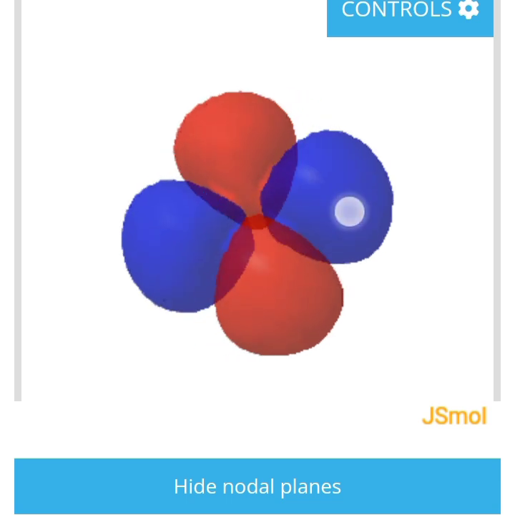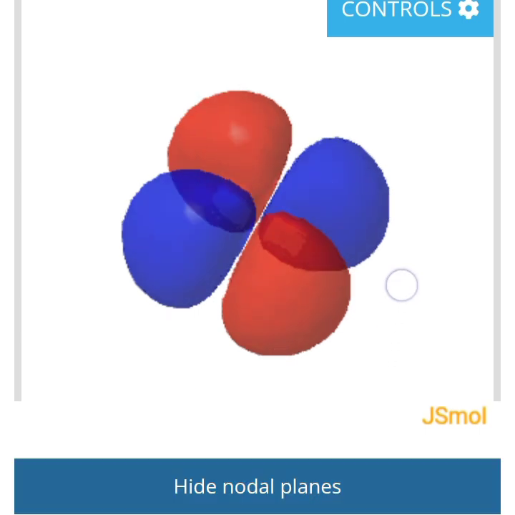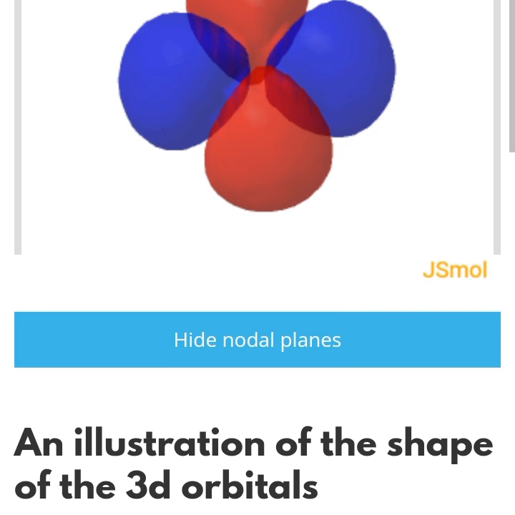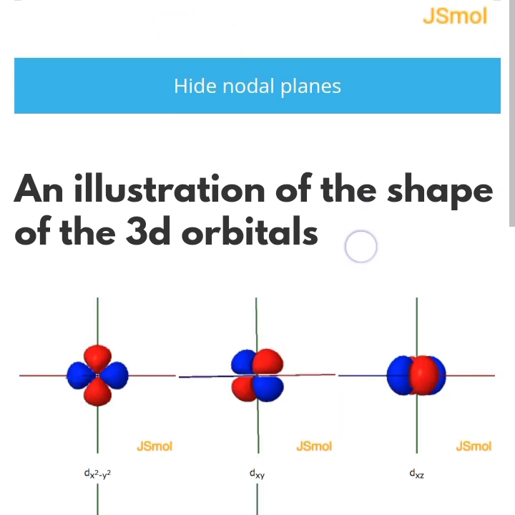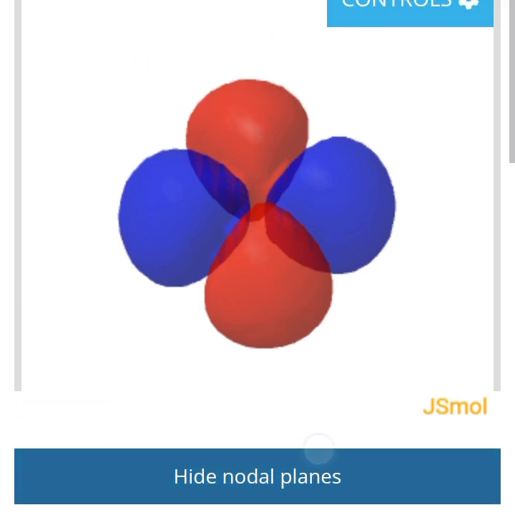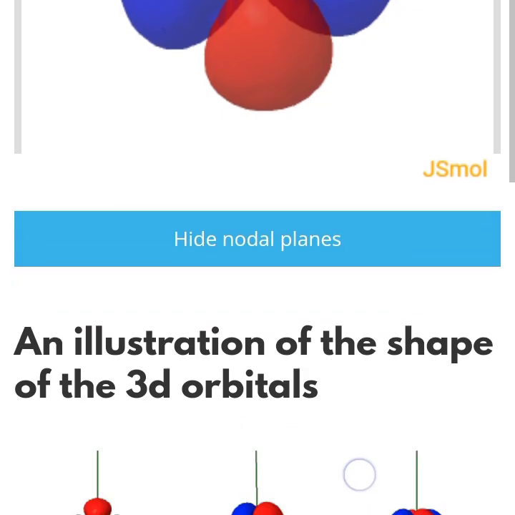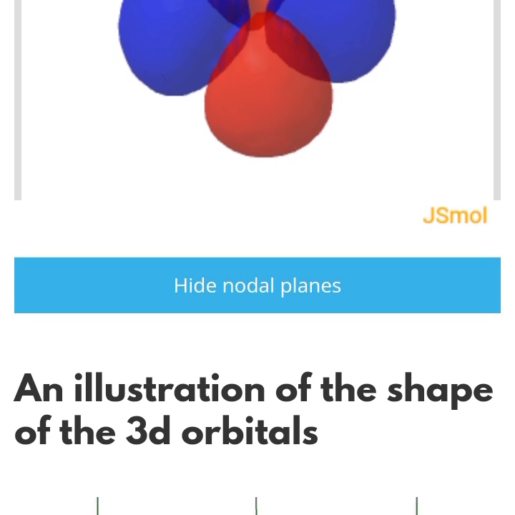Okay, seen this. In the case of p orbital, you have seen that the number of nodal planes was 1, but here I want to discuss the number of nodal planes.